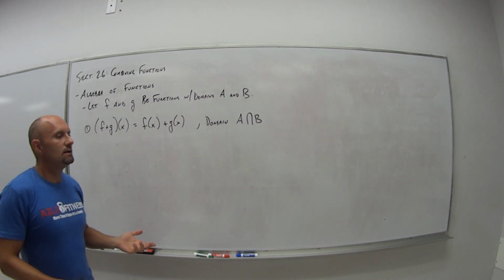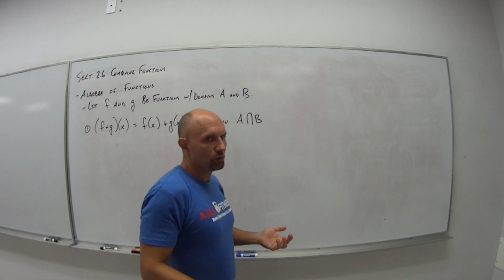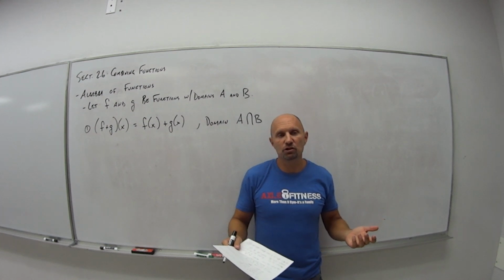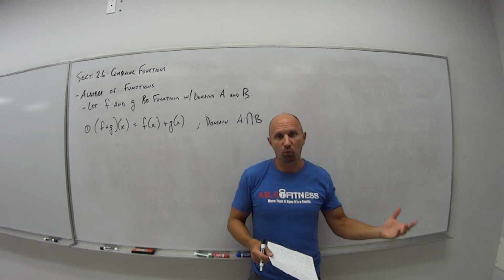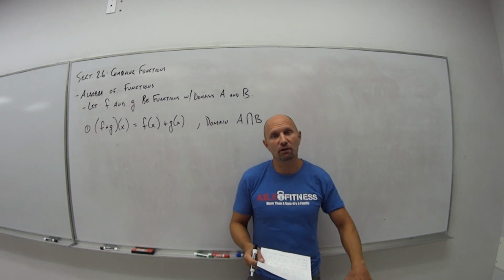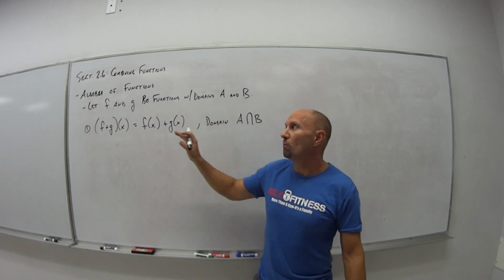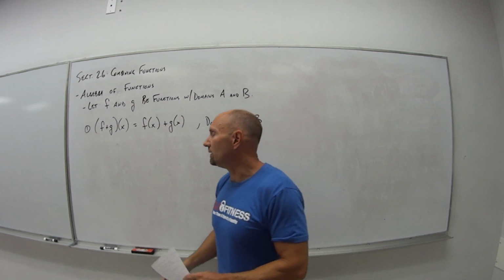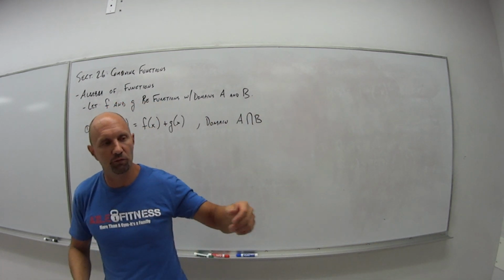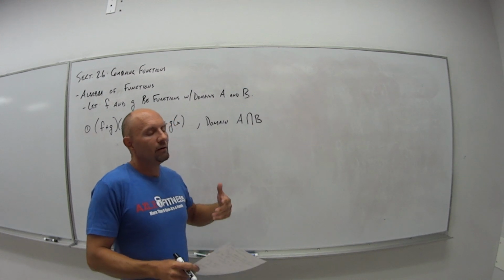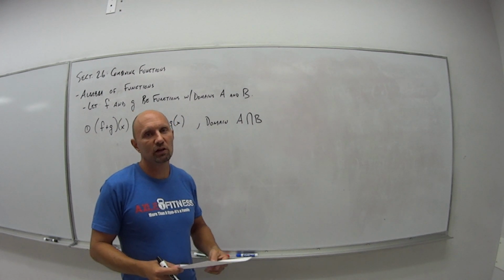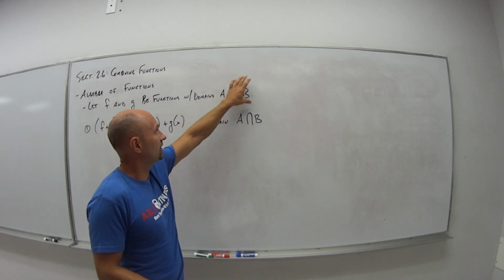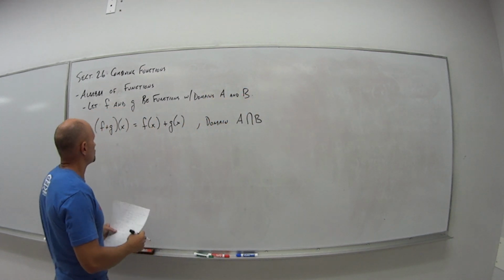So if g is a square root function and f is a fraction function, we're going to have issues with what values we can pick for g, what values we can pick for f. The domain, if we add them together, is the intersection of those two domains. Remember in earlier videos in chapter 1, we were talking about finding intersections of sets. That's basically what we're doing. We have set A, set B, what's its intersection?